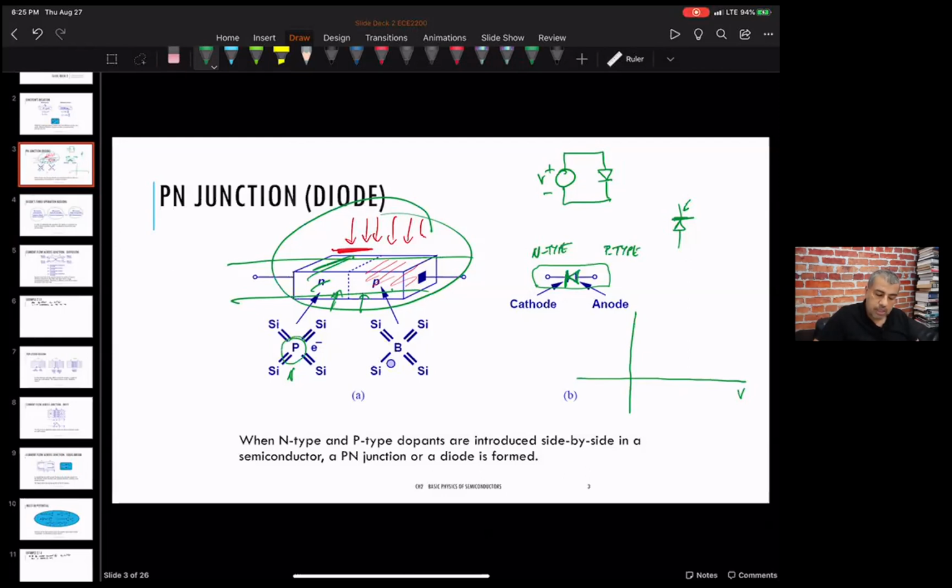The minus side is hooked up to the cathode. As V goes up, as this side goes up in potential, your current goes up very quickly, exponentially. And as this voltage goes down, so it goes negative, you get basically a flat curve with voltage.